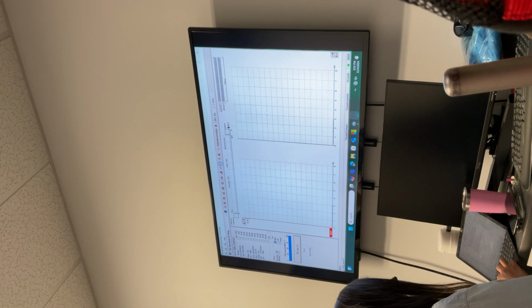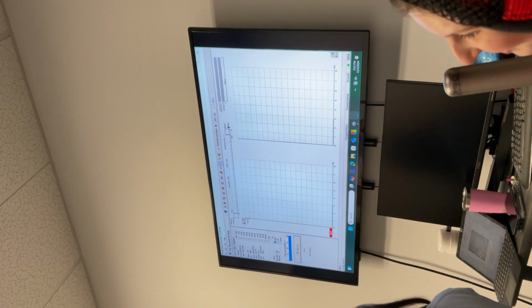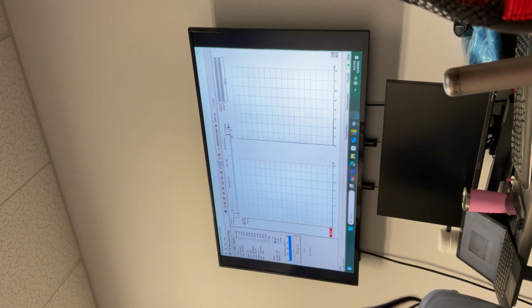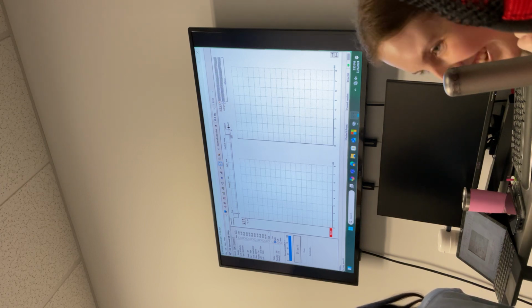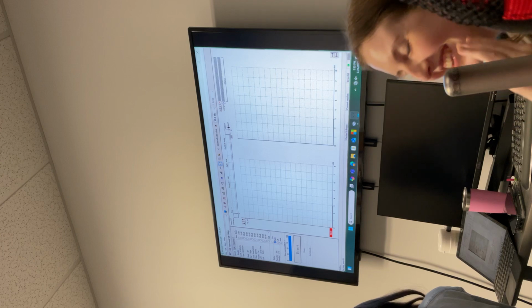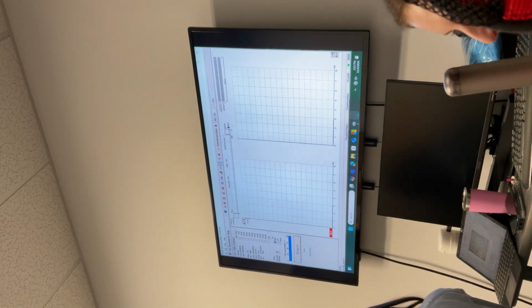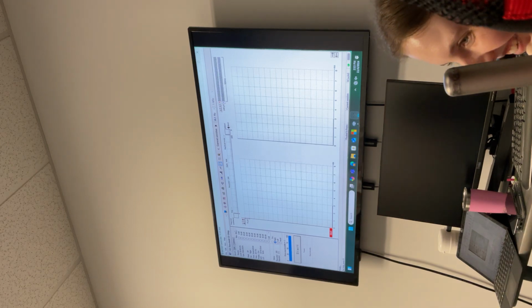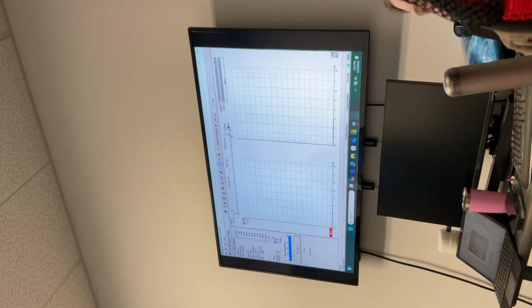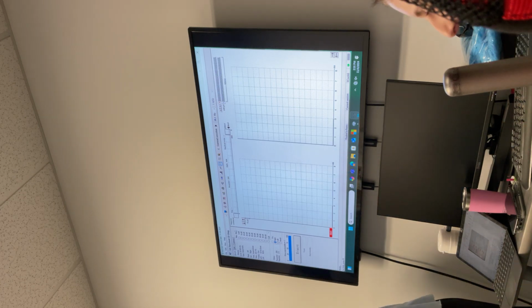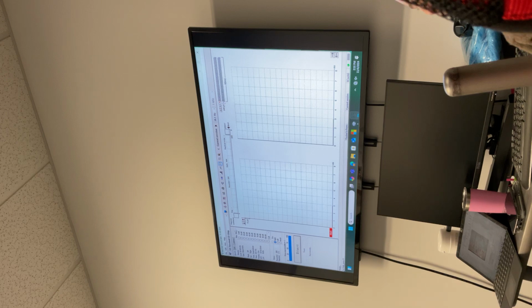The electrodes aren't very sticky. So this is the new one. They were really bad this weekend. We had to tape them to our heads. Someone has to waste the electrodes, like I told Dr. Bassett.